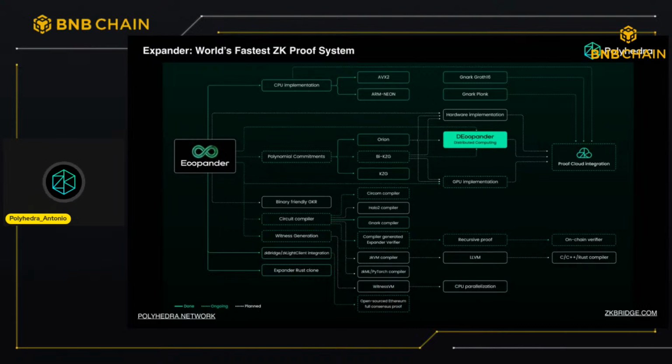So this is Expander. We have a lot of things going on: CPU implementation, polynomial commitments, binary-friendly GKR, circuit compiler, witness generation, ZK bridge, ZK Light client integration. Well, that's done already. Then Expander Rust clone, which is also done.